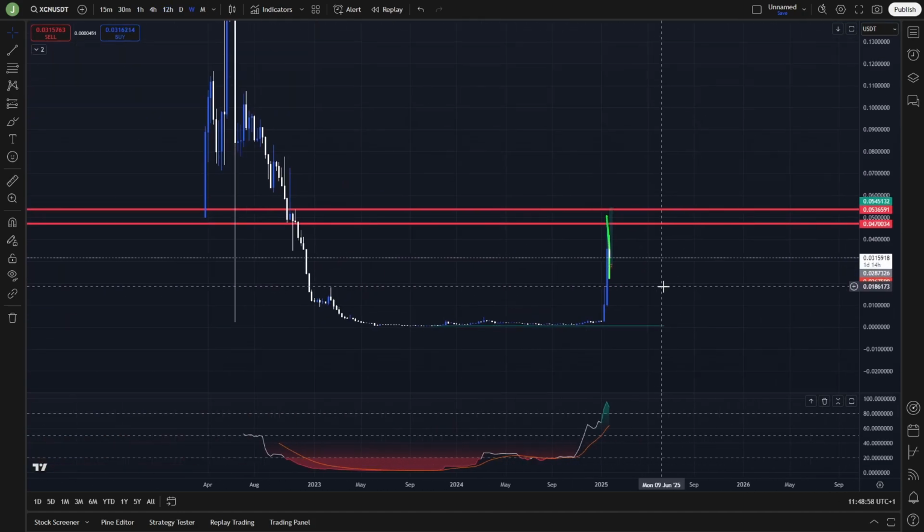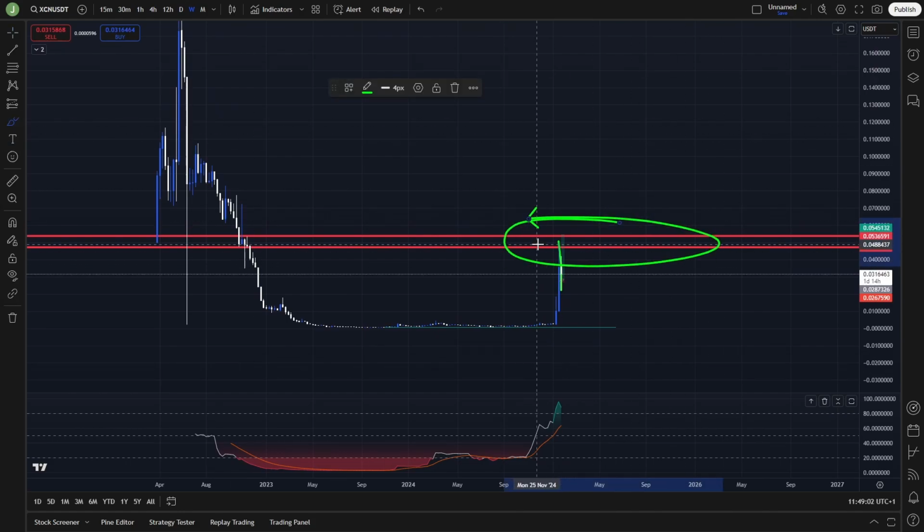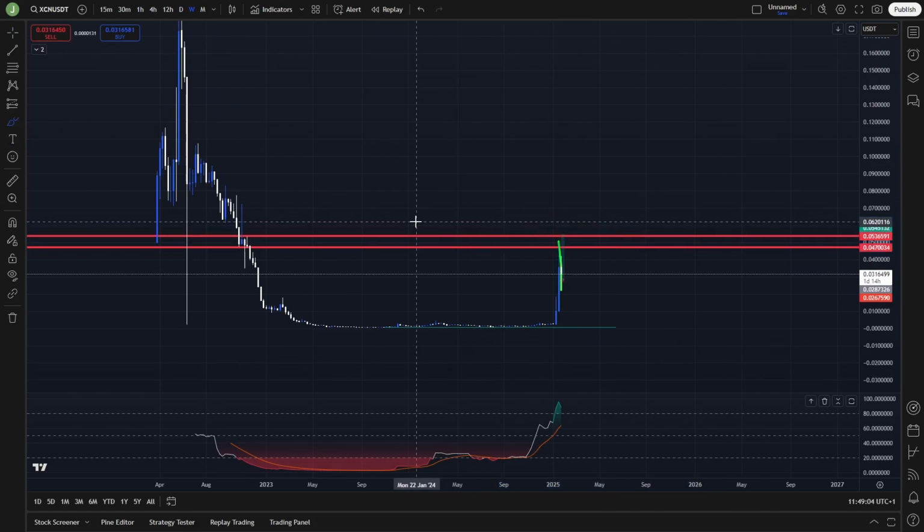In the long time perspective, if I switch to a weekly time frame, this is actually the last resistance that I am currently watching. And in this case, I think that the reasonable price that this coin can hit in this bull market, I was talking about this in my previous analysis, is this previous high, which is level 0.1078.